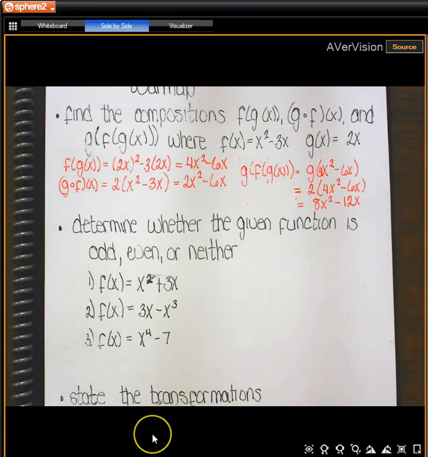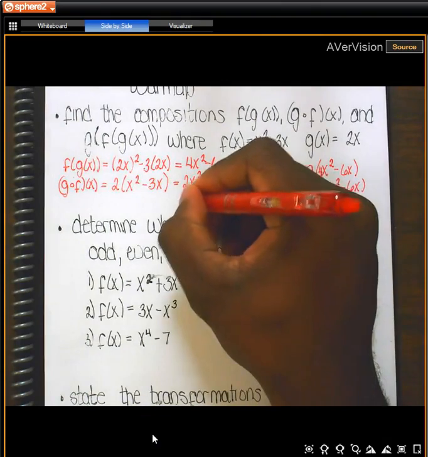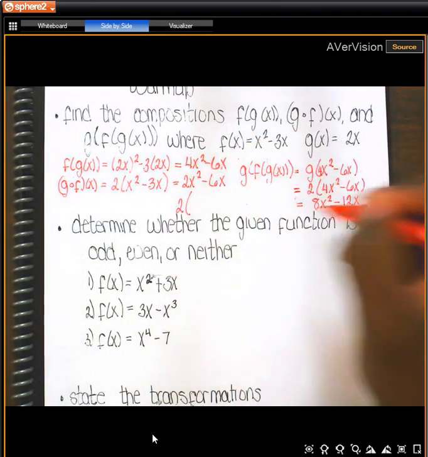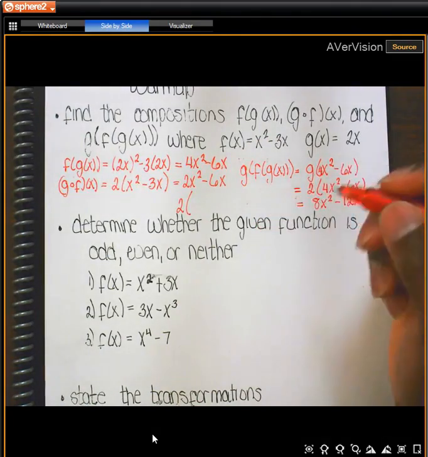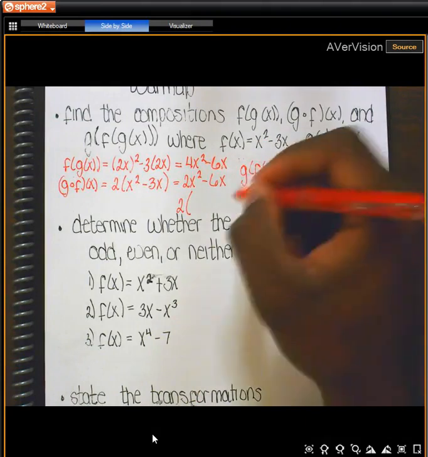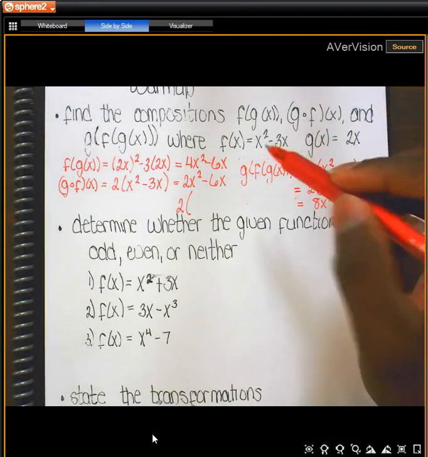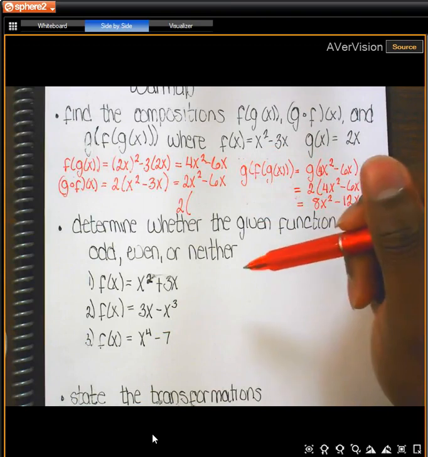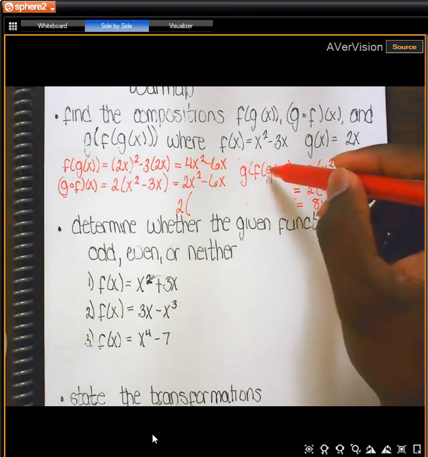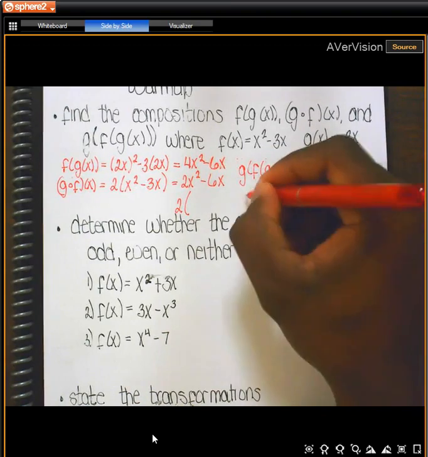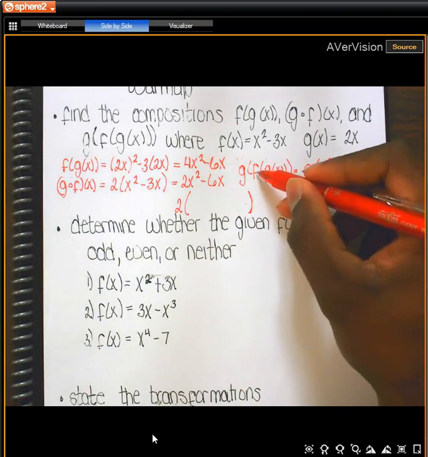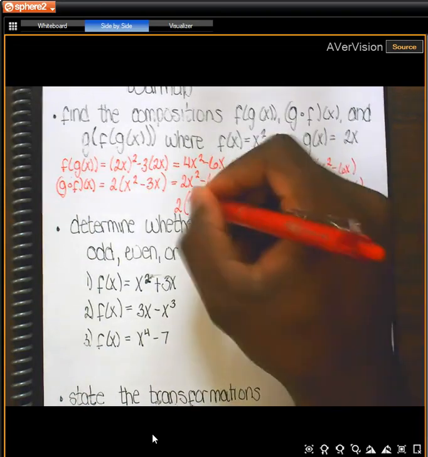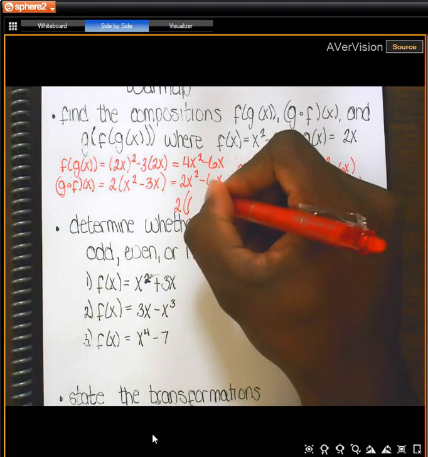What was the other way? What'd you do? So you did what I did, of course, because that's how I showed you. But yeah, what I was going to do was start with the outside and then move in. So the outside was g; leave a space wherever you see an x, and then move into the next one, which is f. Wherever you see an x, you leave a space.